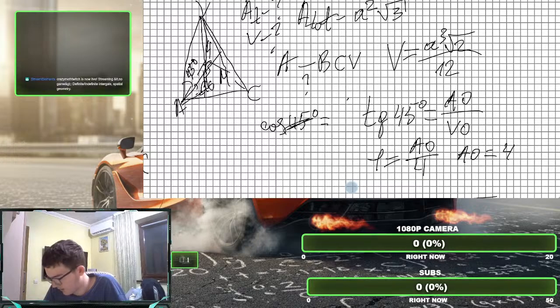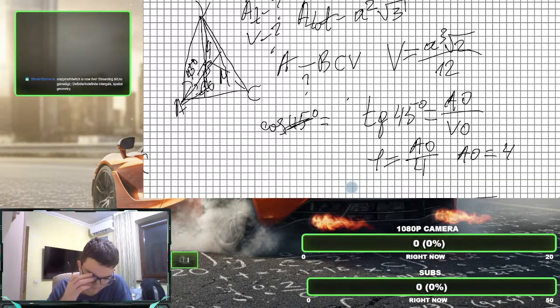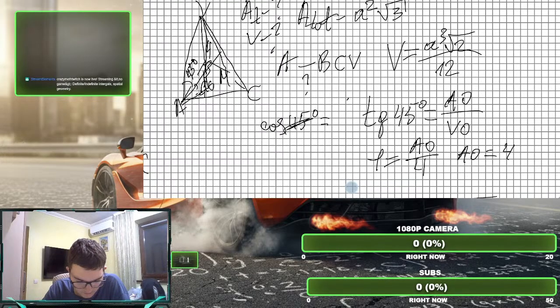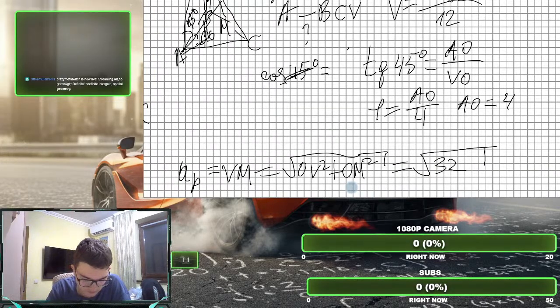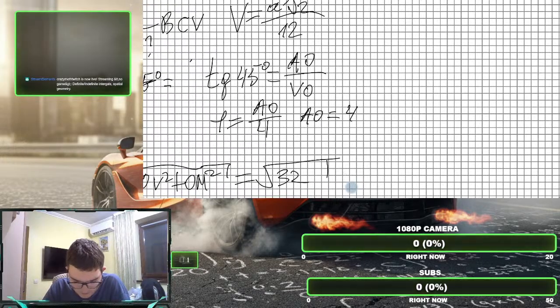It's not even the diagonal. Whatever. Moving on. So, essentially, this is square root of 32. And this can be written down as 4 square root of 2 centimeter.